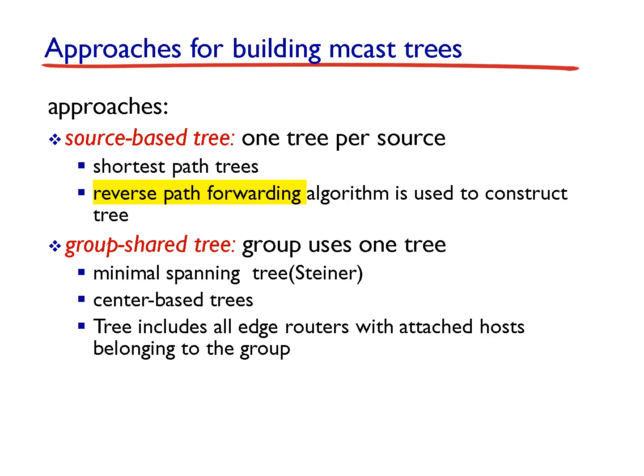In case of group shared tree, the group will share a common tree and the tree will be constructed only once, and the members of the group can communicate by using the same tree. It is not creating a tree whenever they want. And the tree includes all edge routers with attached hosts belonging to the group.